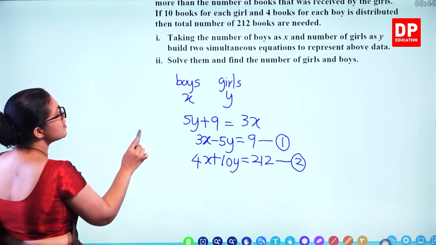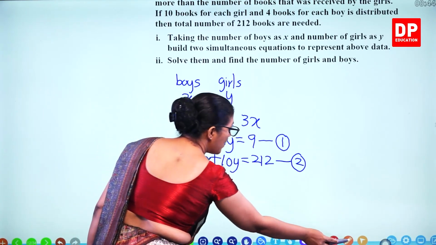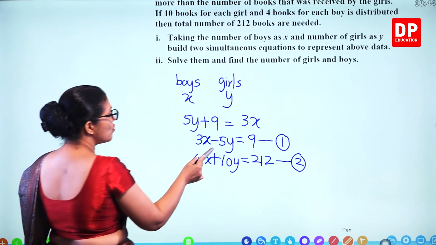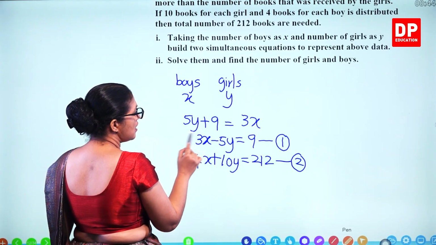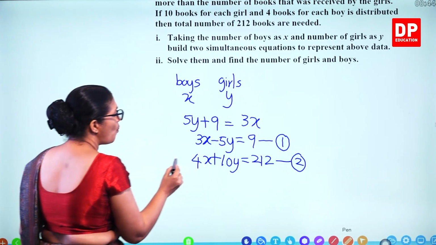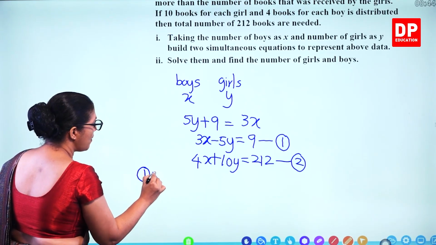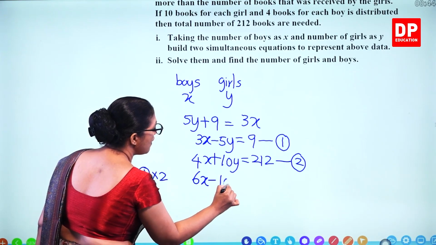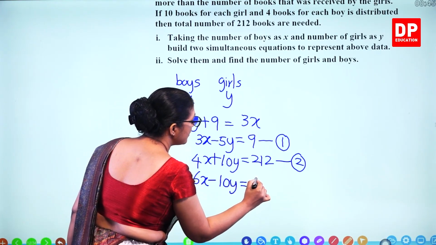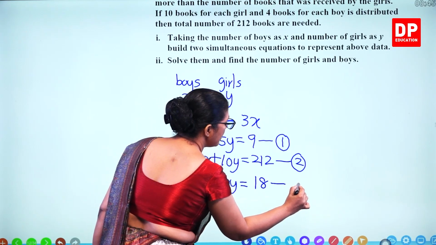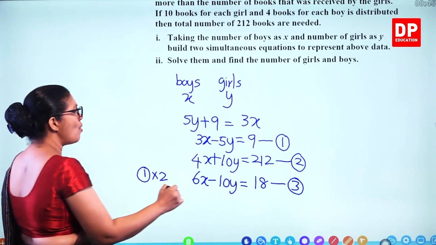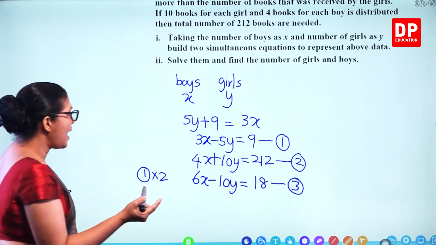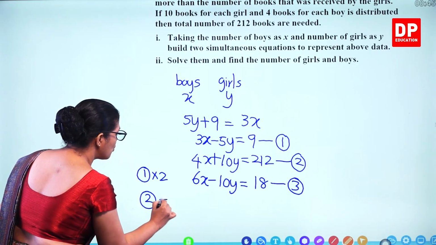Look at the coefficients. 3 and 4 are there, not equal to 5 and 10. It's easy to convert to the same coefficient here. So we'll multiply by 2. So 1 multiplied by 2: 2 times 3 is 6, 2 times 5 is 10, 2 times 9 is 18. That's our third equation. Now we see the same coefficient and different signs. We can add the two equations.